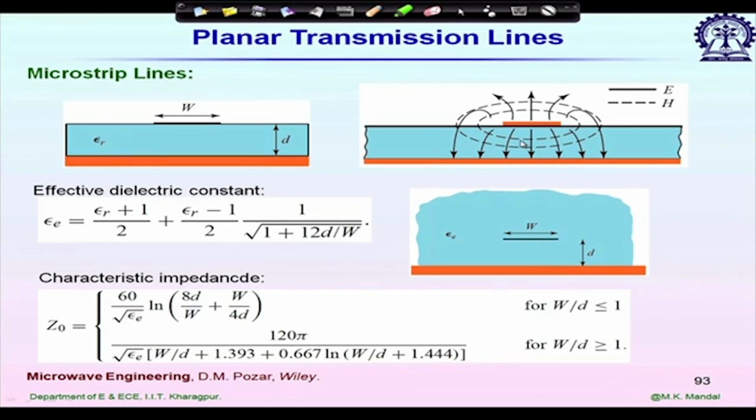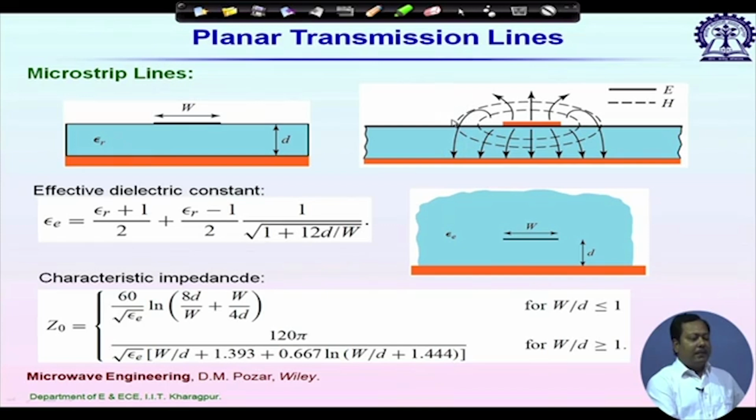That's why we defined an effective epsilon for this microstrip line, whose value is smaller than the epsilon r of the substrate and higher than air. Now if the fringing field in air is less, epsilon E will be closer to the epsilon r value, right? So if we have less fringing field, we can say epsilon E is very close to epsilon r.